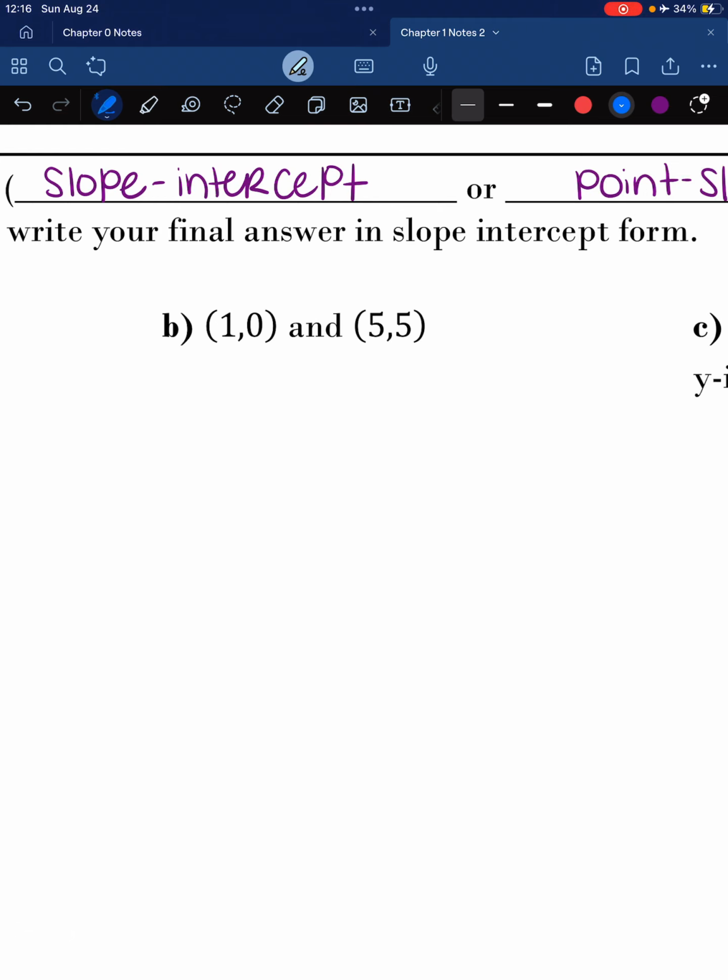Okay, on B, we need to be careful. This is my x-intercept. So I'm definitely going to choose point-slope form, but first we have to calculate the slope of our line. And then we can choose either point. This seems like an easier point to plug in, so I'm going to choose that one. You don't have to, though.